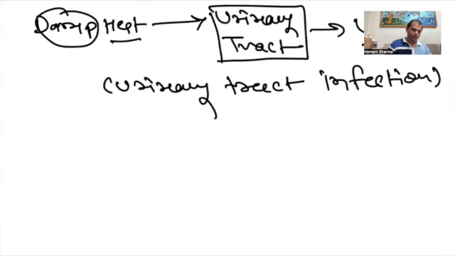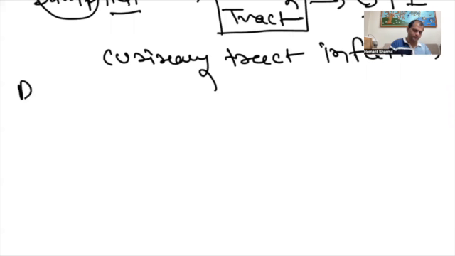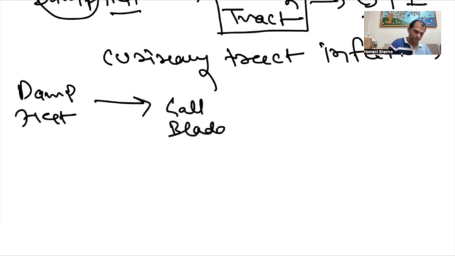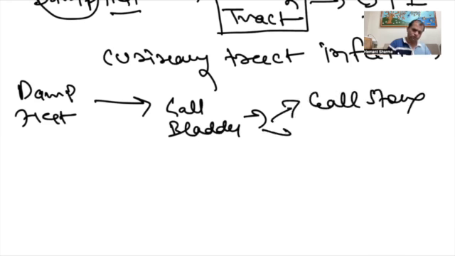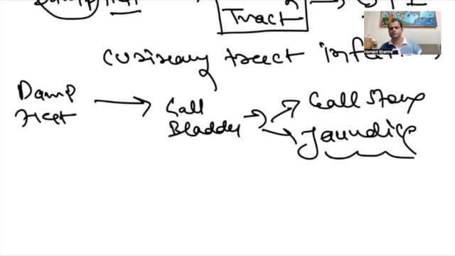So the condition number one, which I told you, urinary tract infection. The second condition, when the damp heat attacks on the gallbladder, the person is getting either the gallstone or the jaundice. I have seen many persons getting the jaundice every 2 years, sometimes every 1 year.